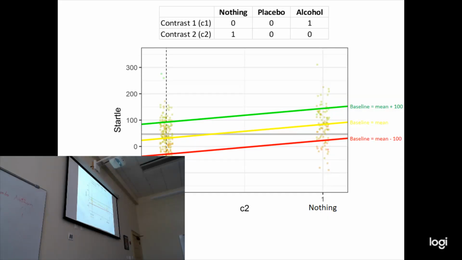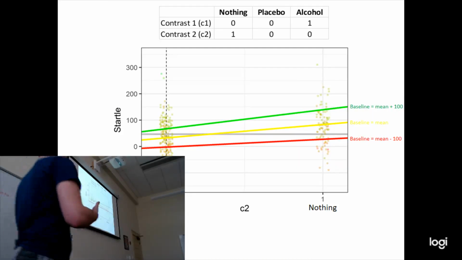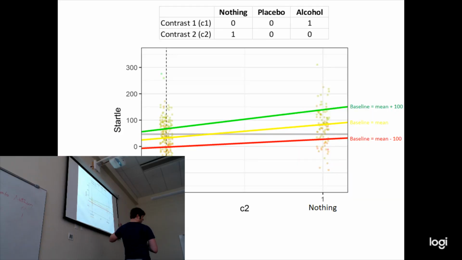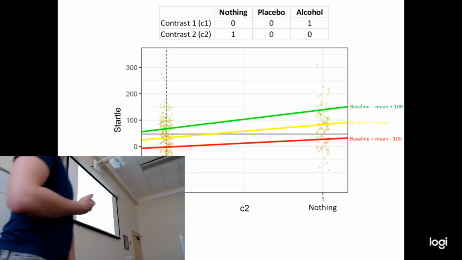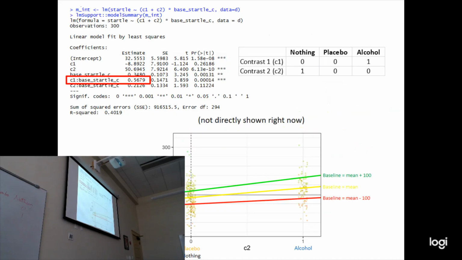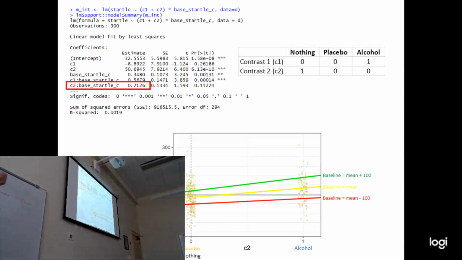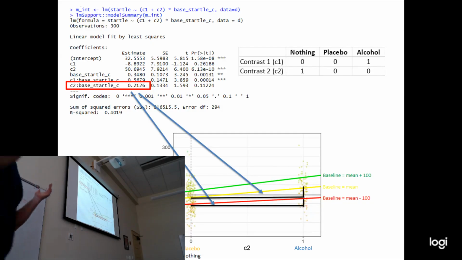And if we go from an additive to an interactive model, one way of understanding what's happening is that we're allowing the slopes of the lines to be different. So that second coefficient, the coefficient for that second interaction term, represents that difference in slopes.